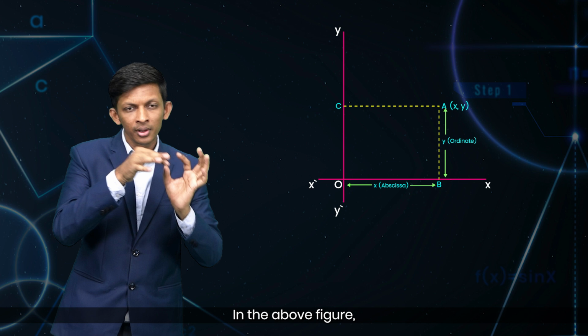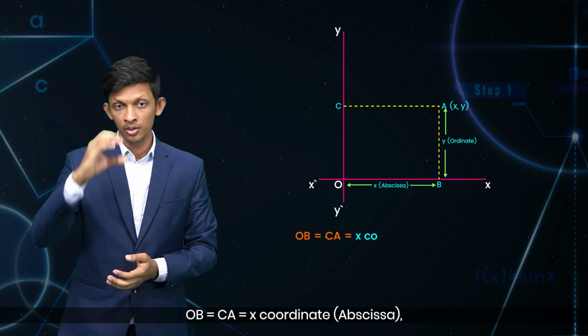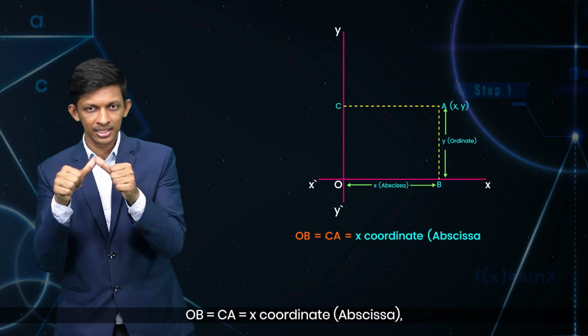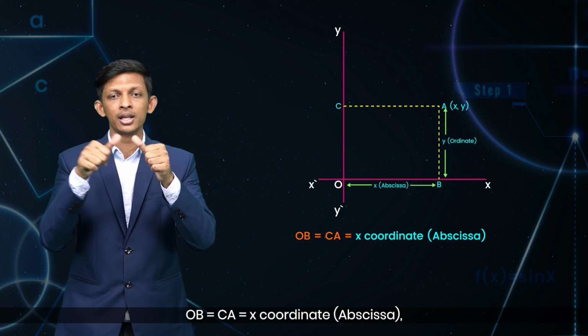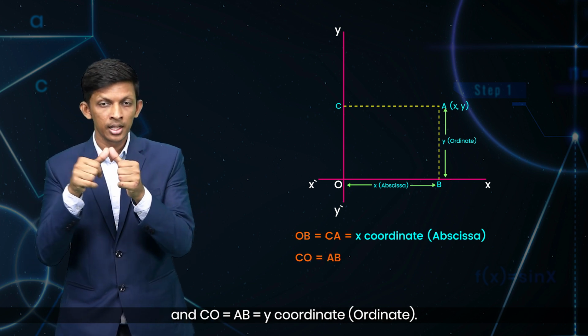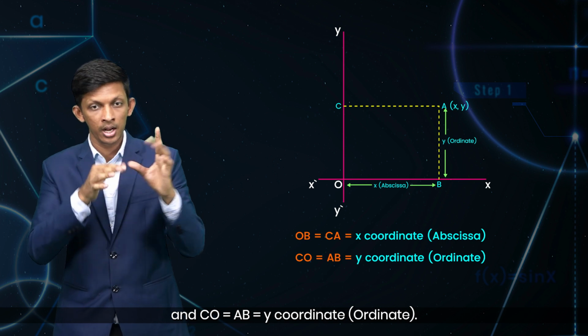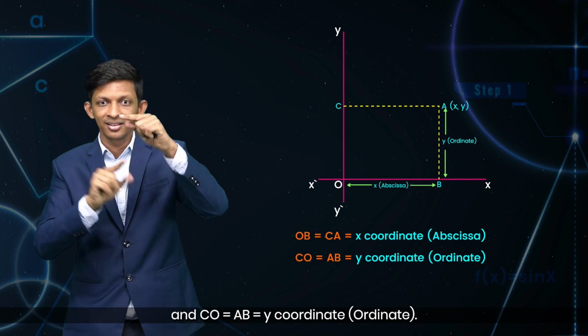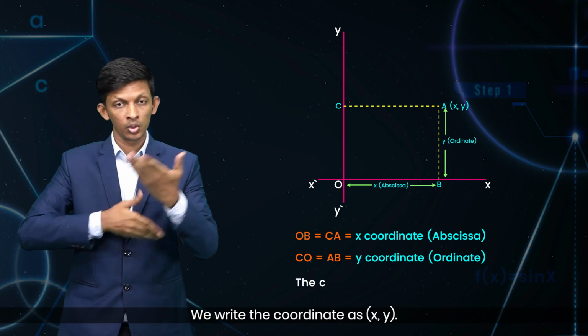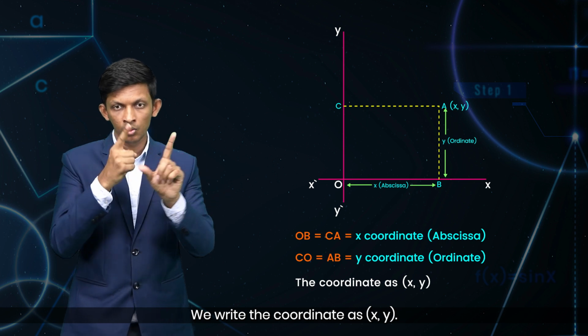In the above figure, OB is equal to CA is equal to x-coordinate, abscissa, and CO is equal to AB is equal to y-coordinate, that is ordinate. We write the coordinates as (x, y).